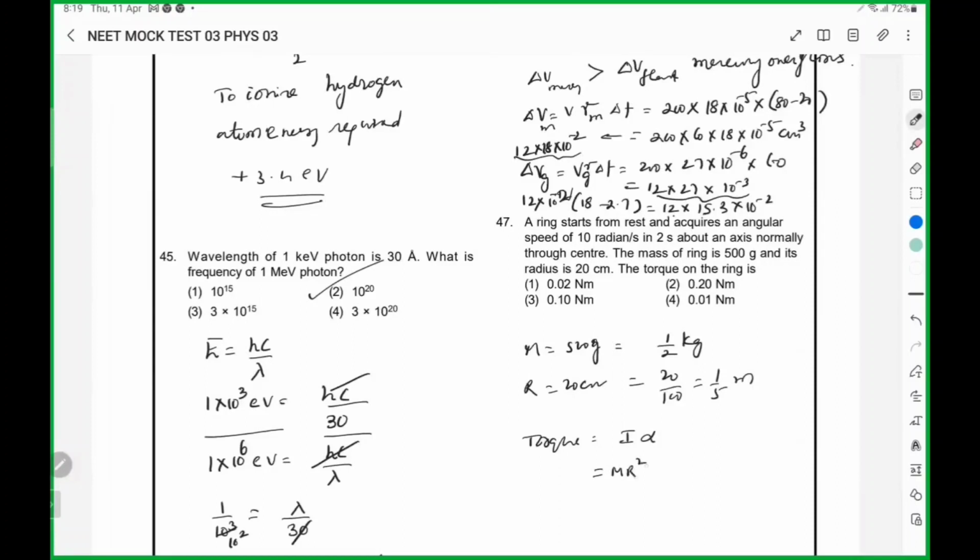To calculate alpha, omega is equal to omega naught plus alpha t, initially 0. Within 2 seconds, it attains angular acceleration 5 radian per second square. M here is half into 1 by 25 into 5, which is 1 by 10 Newton meter.